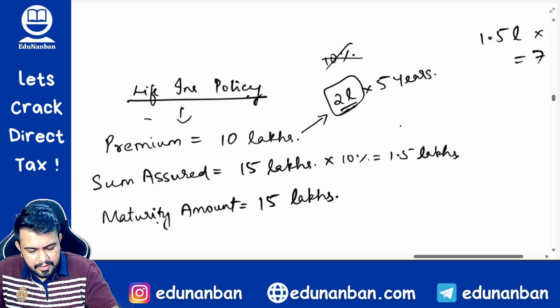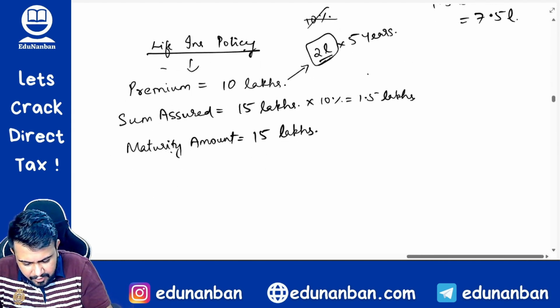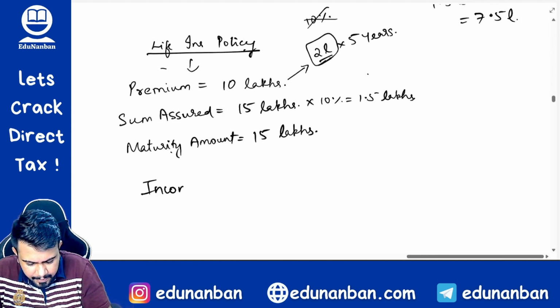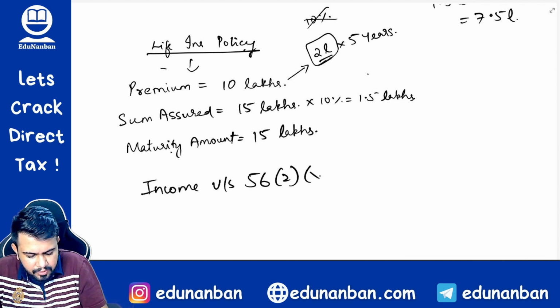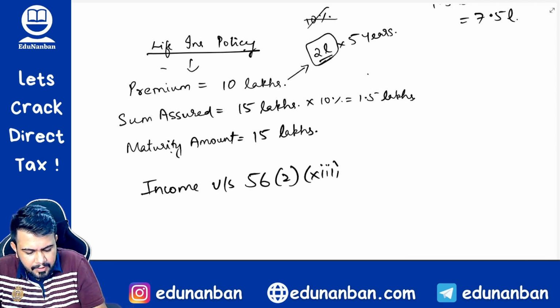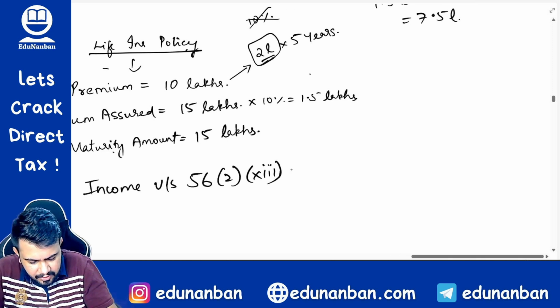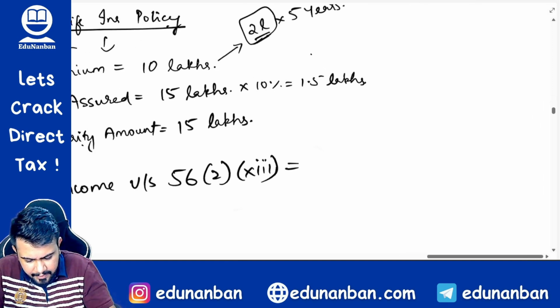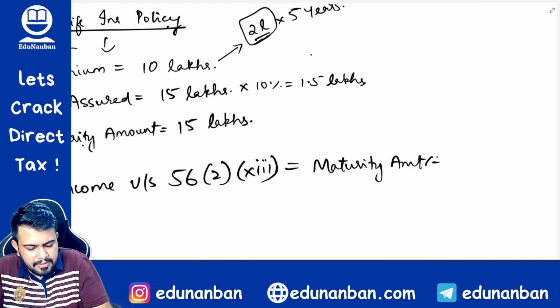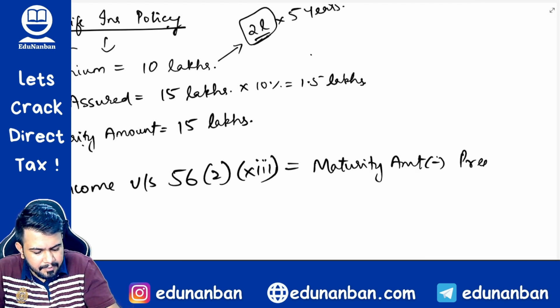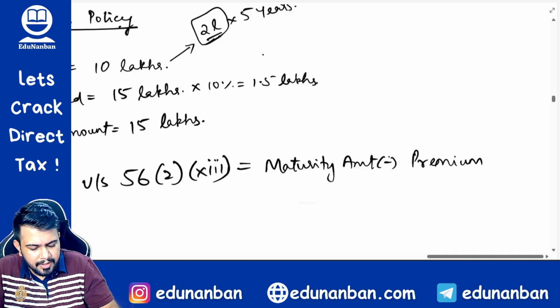You get my point? So here, now let us calculate the income. Income under section 56(2)(xiii). In this case, income is equal to maturity amount minus premium not claimed as deduction.